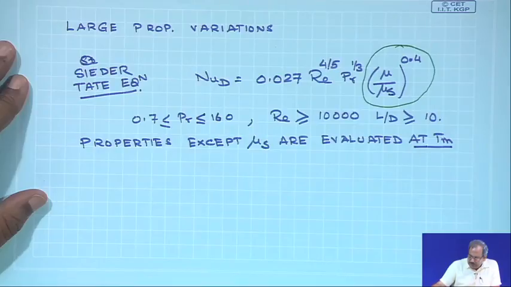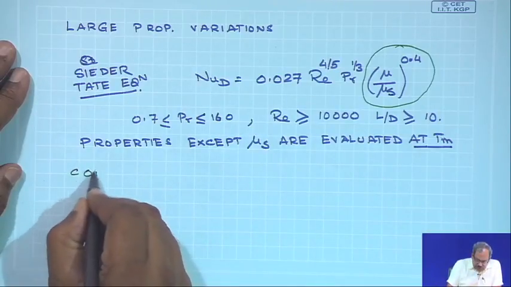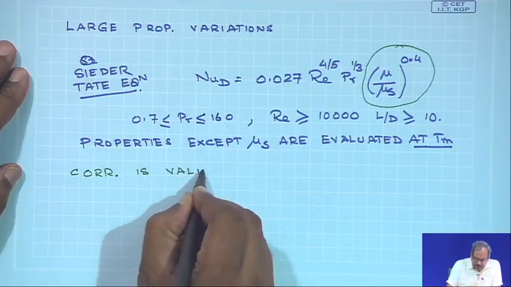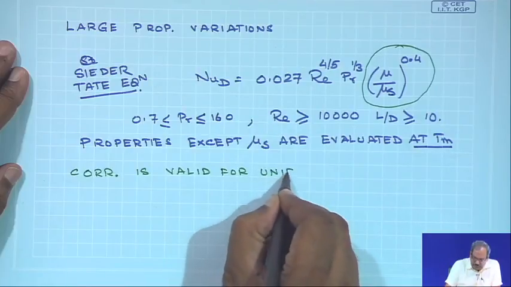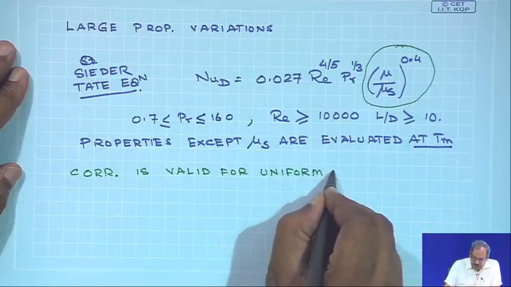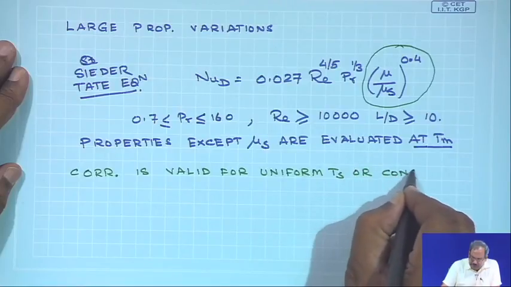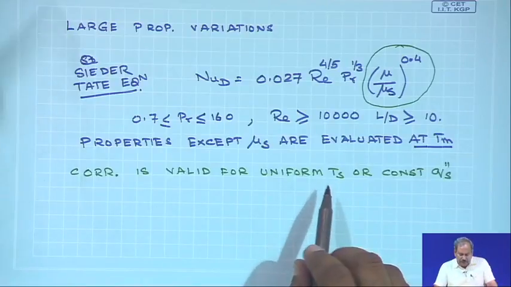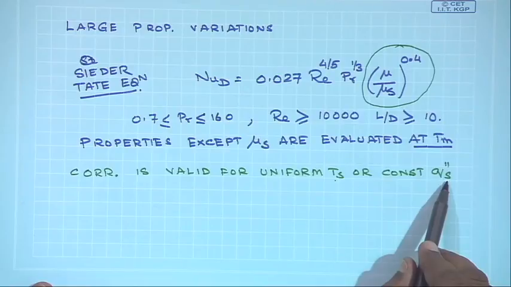Another point which I must mention is that this correlation is valid both for uniform Ts, uniform surface temperature, or constant q double prime s, constant heat flux.